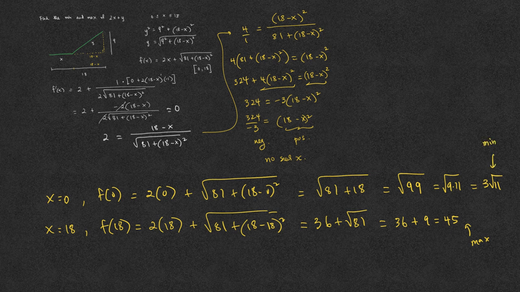So the x and y that will give us the minimum and the maximum occur at the endpoints only, and the minimum value is 3 root 11, and it occurs at the endpoint x equals 0. The maximum value is 45, and it occurs at x equals 18, which is also the endpoint.